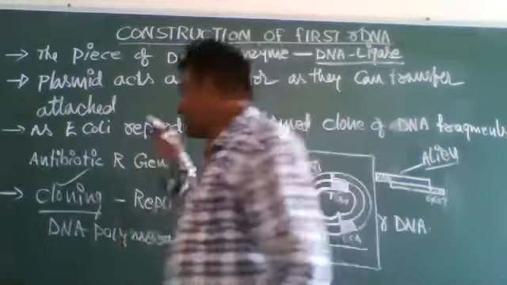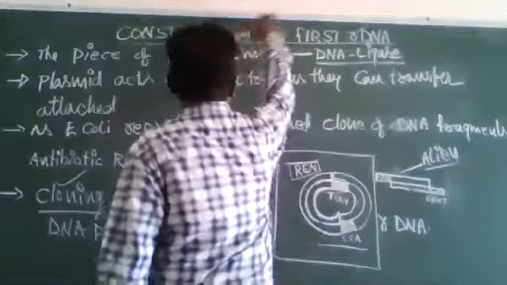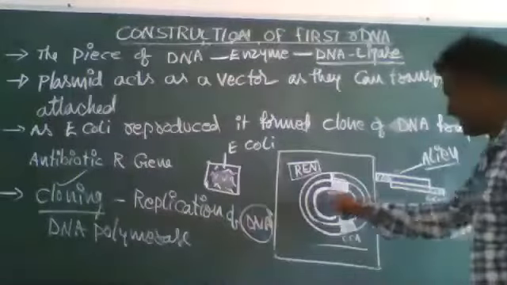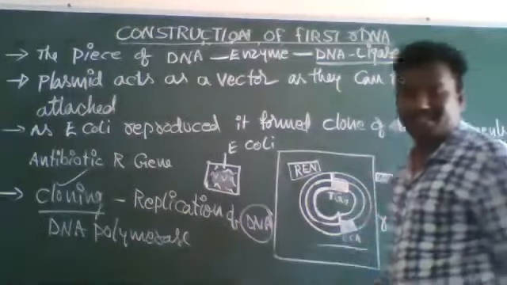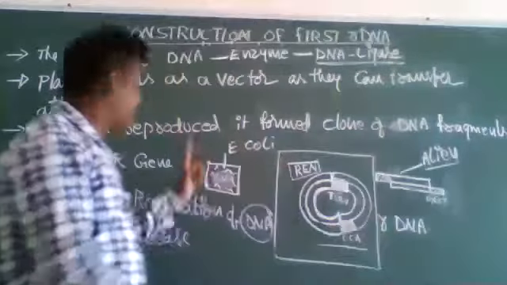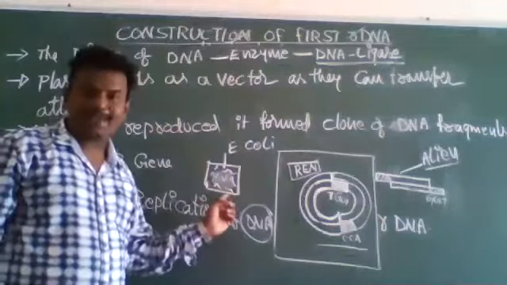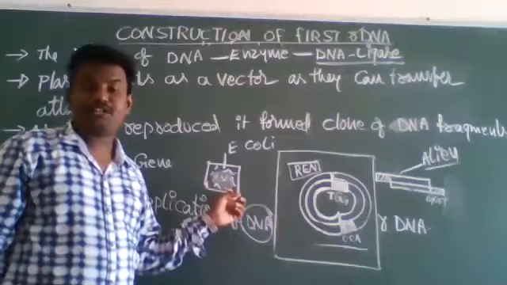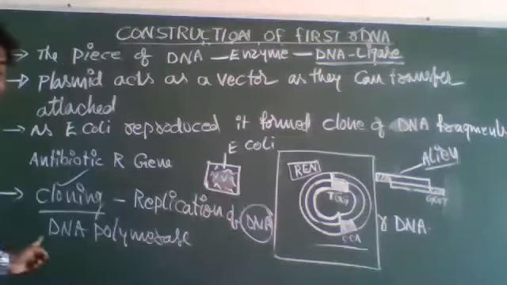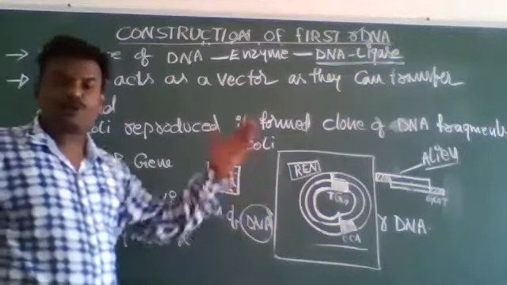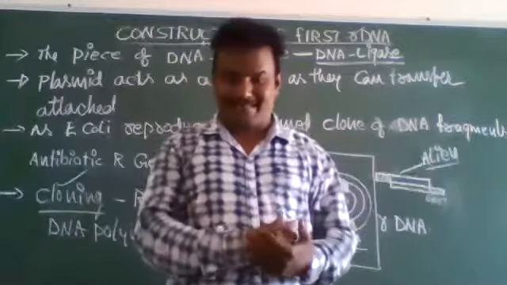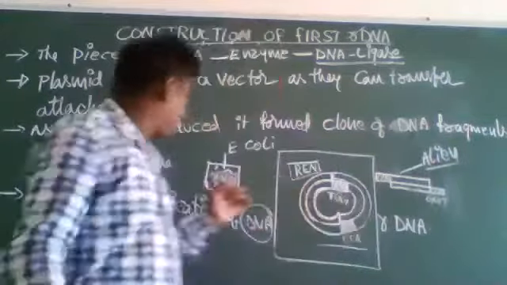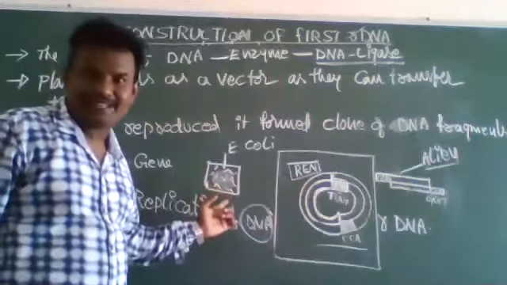Okay, that's all. This is the construction of the first recombinant DNA. Already we constructed it. This is called recombinant DNA. This recombinant DNA is transferred into the E. coli bacteria. In the E. coli bacteria, it undergoes the replication process with the help of DNA polymerase enzyme and produces multiple copies. Those multiple copies are the desired gene.